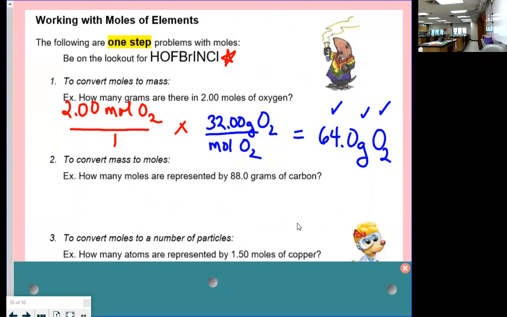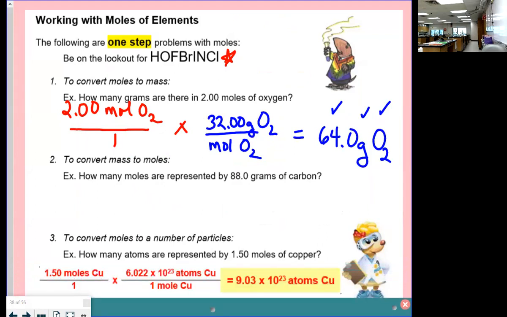First, you write down what you're given. 1.50 moles of copper over 1. Then, this is the specific conversion factor to convert moles to atoms of copper. And your answer is given with number, unit, chemical, and sig figs.